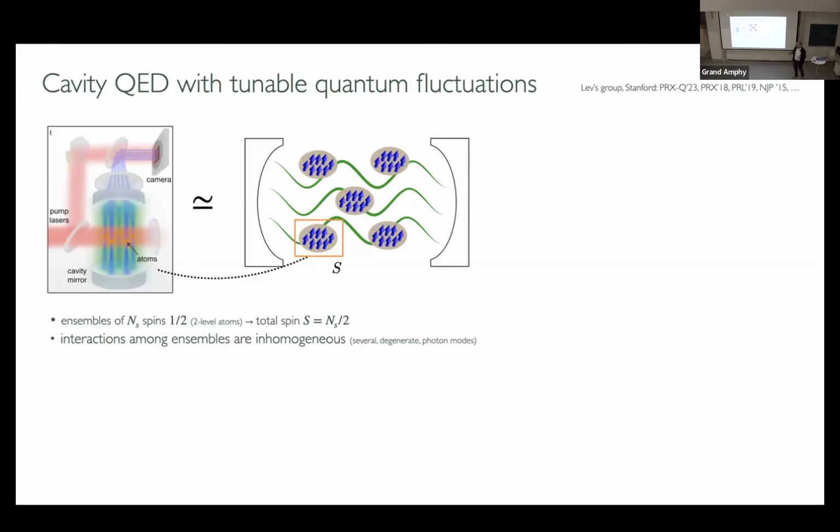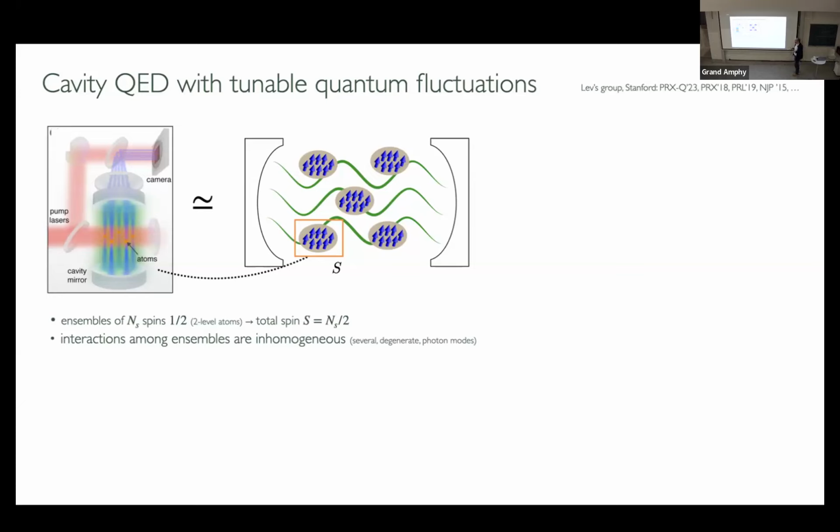So the cavity can support plenty of photonic modes. They are all degenerate in the setup that they have there, and they all connect these clumps of atoms. And you can control how many atoms. Let's say you go for a two-level description. So these are spins. Depending on how many you place, you're going to have a big spin or a small spin. That's roughly what's going on.